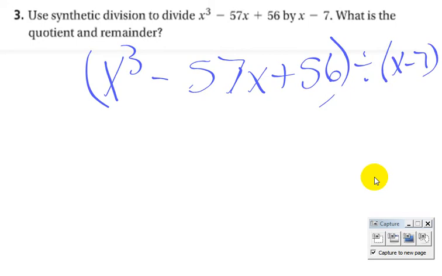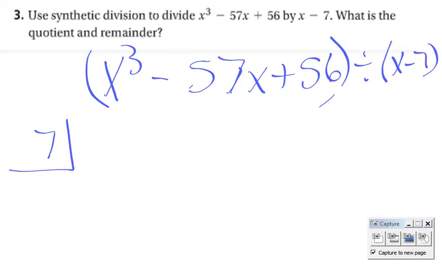So what are we going to do first? We're dividing by x minus 7, so what number are we going to pull out of this? Positive 7. Flip the sign, and that's your first step. Now what's our next step? Write all of the coefficients. Yes.